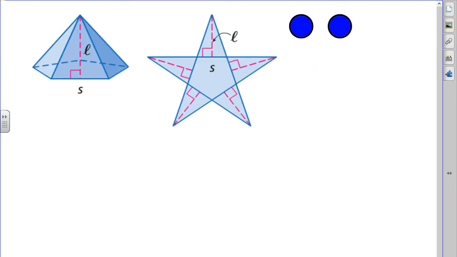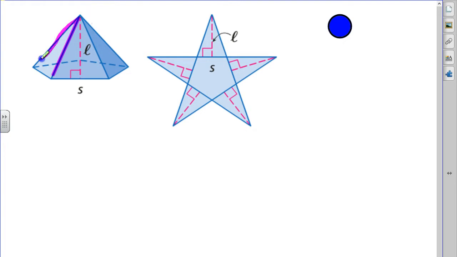So to find the surface area for one of these, here's how it works. When you have your pentagonal pyramid, what ends up happening is whenever you cut this up, you cut right down these lines here, right on the lateral edges.